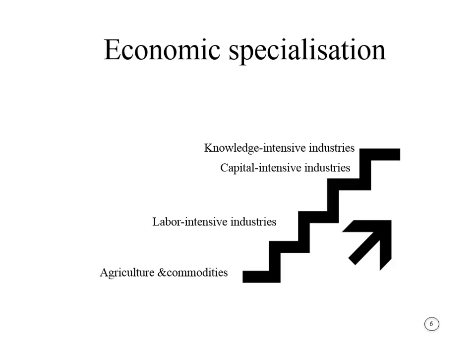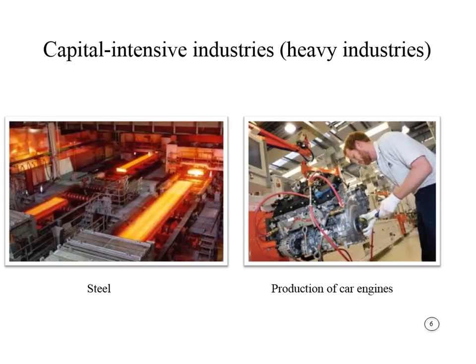I am on page 6 of the handout. So, labor-intensive industries, we discussed them: textile, food processing, footwear, toys, assembly of consumer goods. Now, capital-intensive industries need a lot of machinery. The best example is steel.